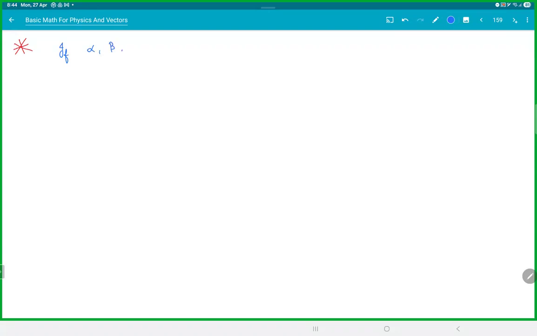If alpha, beta, gamma are angles made by a bar with the xyz axes, then you can write a cap unit vector as cos alpha i cap plus cos beta j cap plus cos gamma k cap. So basically these cos functions will give you the direction of a vector. That's why we call it a direction cosine. Meaning, how did we get this? You can simplify it and check it out.